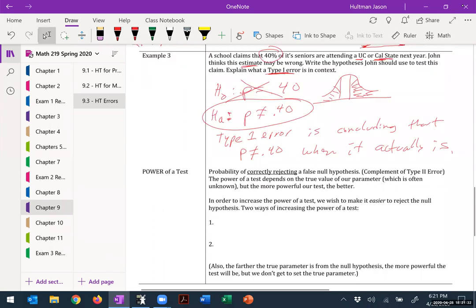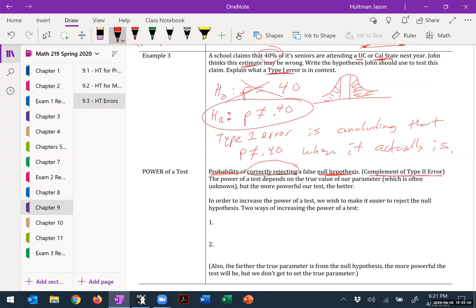Okay, power of a test. This is the probability of correctly rejecting a false null hypothesis. This is the probability of getting it right, that we correctly reject it. Okay, that we don't have a type 1 error. This is the complement of a type 2 error.